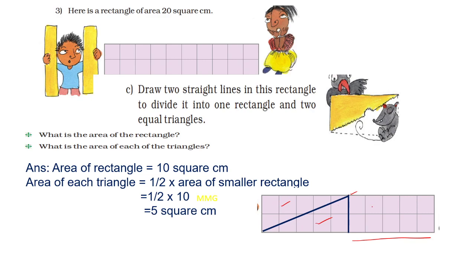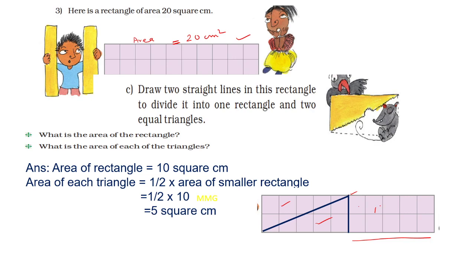So area of rectangle children, as you all know, area of this rectangle will be half of the big rectangle. Here area of big rectangle is 20 centimeter square. So area of this rectangle is what? It will be half of area of big rectangle and it will be 10 centimeter square.